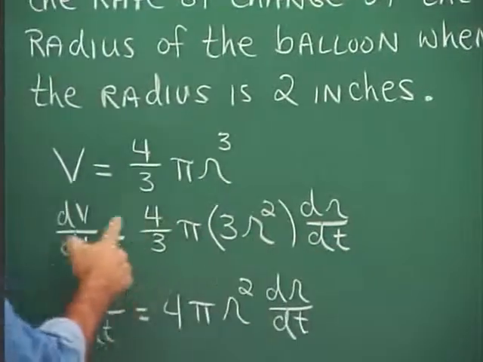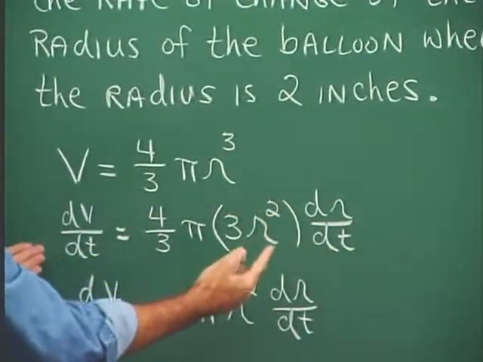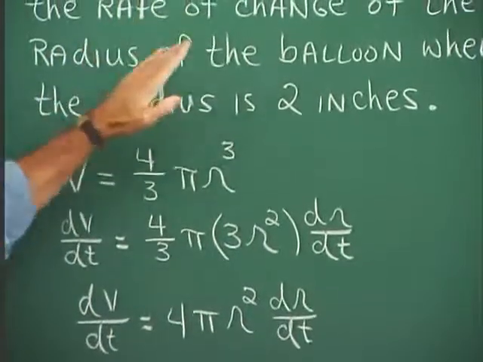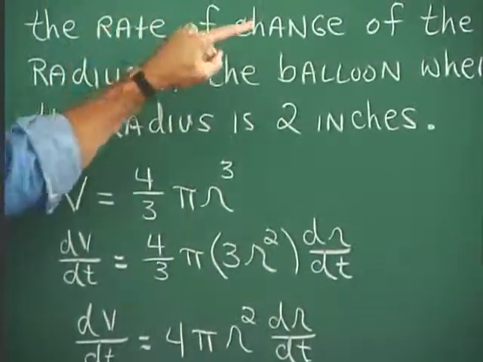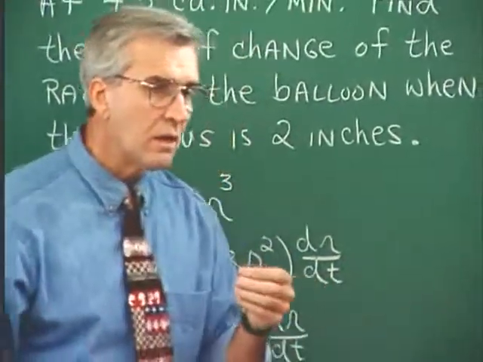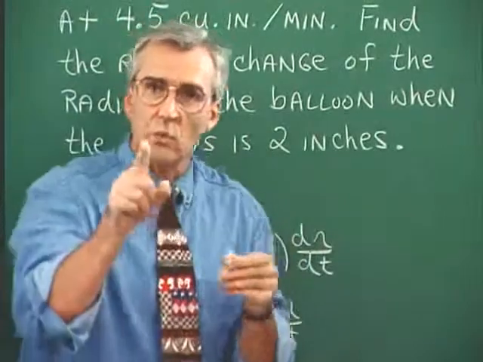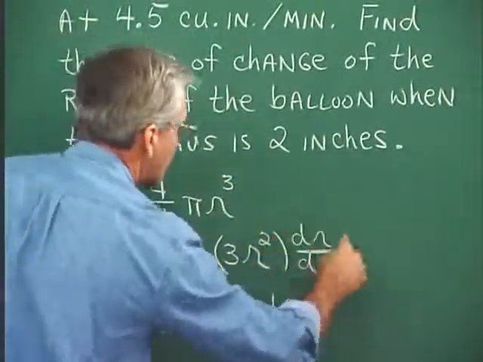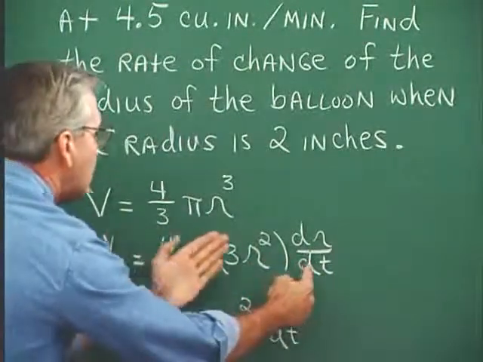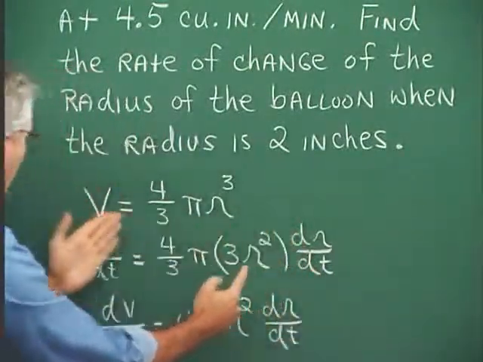Now what are we looking for and what do we know at this point in the problem? Well, when we're asked to find the rate of change of the radius at a point in time, that's the dr dt. So we're looking for the dr dt here, and we need to solve for that in our problem.